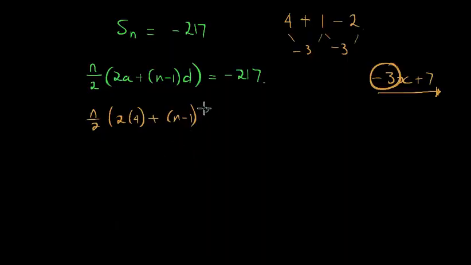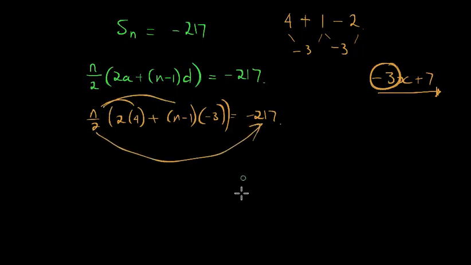So anyway, here we get d is negative 3, and the sum is equal to negative 217, and now I must just simplify. So I multiply in. What I like to do is multiply the 2 on the other side so that I can get rid of this divided by 2. So I multiply only an n in here, and the 2 I multiply on the other side.